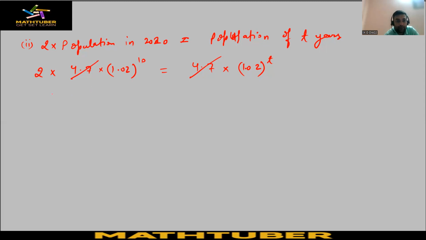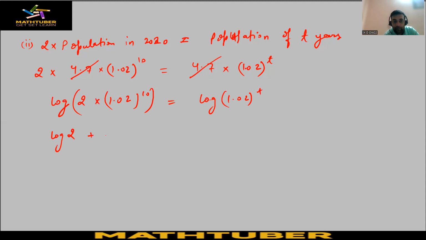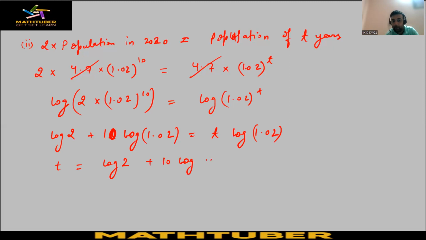So if we take log both the sides here, you will get log of 2 into 1.02 raised to power 10 is equal to log of 1.02 raised to power t, and this can be written as log 2 plus 10 log 1.02 is equal to t into log of 1.02, and t will be equal to log 2 plus 10 into log of 1.02 upon log of 1.02.